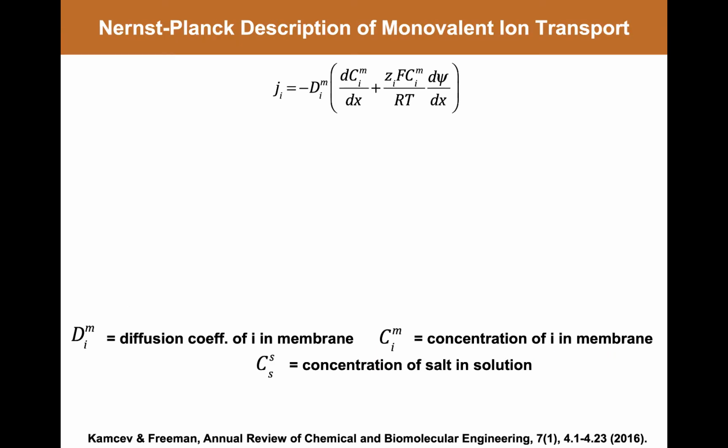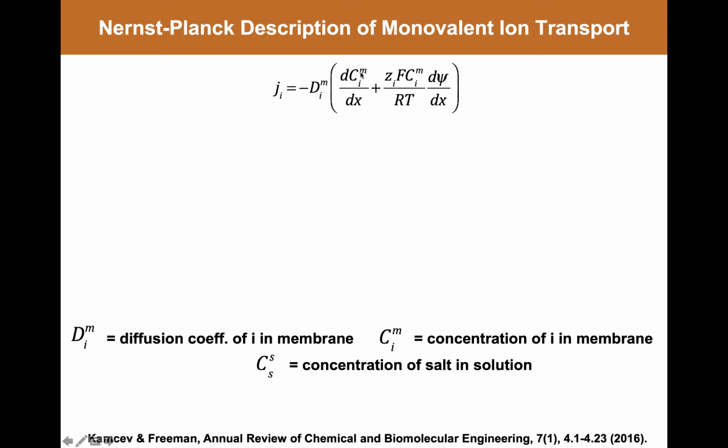The way that we describe ion transport under either concentration gradient or an electric field gradient is typically through the so-called Nernst-Planck description, and I'll write that here for monovalent ion transport. And the Nernst-Planck description says that the flux of an ion through a membrane depends upon the diffusion coefficient of the ion through the membrane.